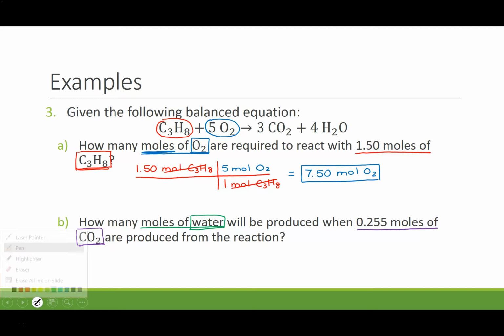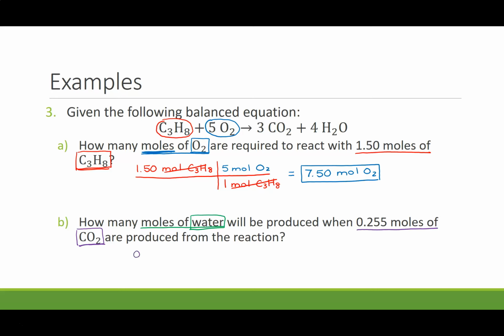Just like in part A, we already have a balanced chemical equation written for us, so we don't have to do step 2. Step 3 is to convert the given to moles, and again, we already have moles, so we can skip the third step.